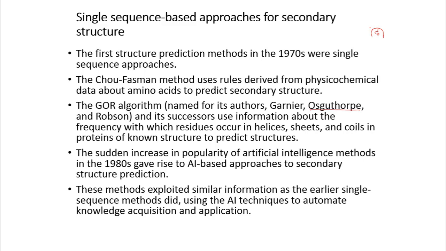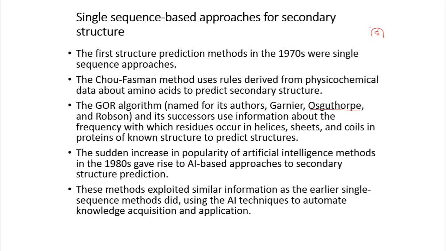Now by the time the 80s came, there was a sudden increase in the popularity of artificial intelligence methods. These AI based approaches then shaped alignment based and subsequent secondary structure prediction methodologies.